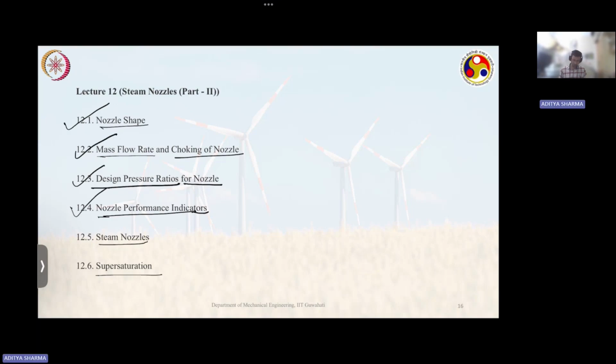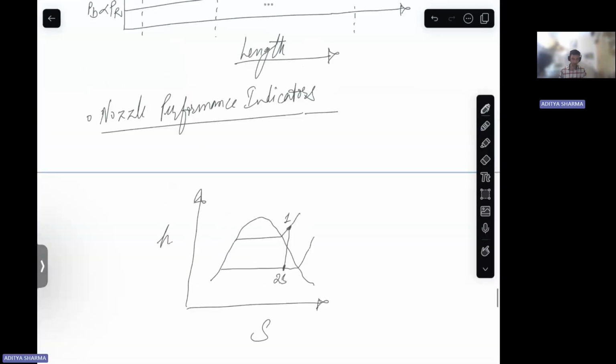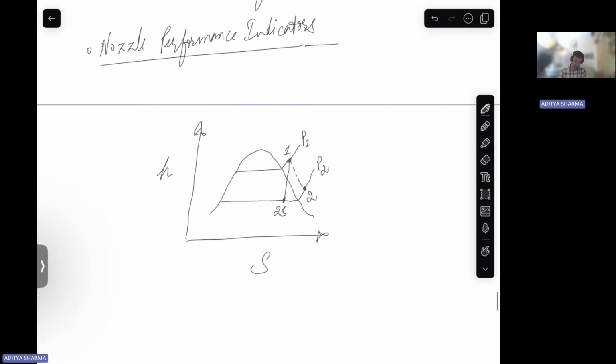So I was discussing nozzle performance indicators, right? So I have drawn the Mollier diagram for the expansion that takes place in a nozzle. So 1 to 2s is your ideal case, that is the isentropic case, and 1 to 2 is your real actual case, right?